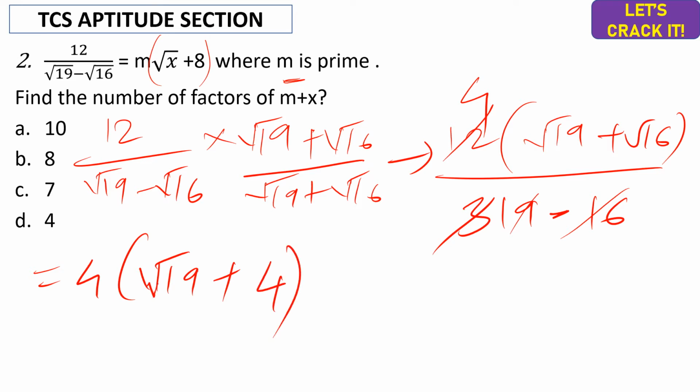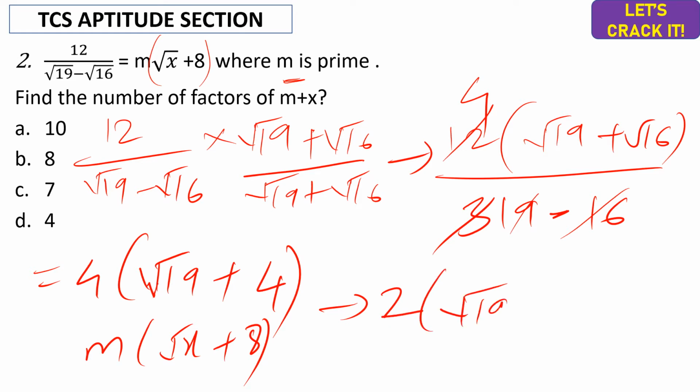But this is not in the form of m of root x plus 8. So I need to bring 2 inside the bracket: 4 into 19 becomes 2 into 2 root 19, since when 2 comes inside the square root it becomes 4, and 2 into 2 is 8.